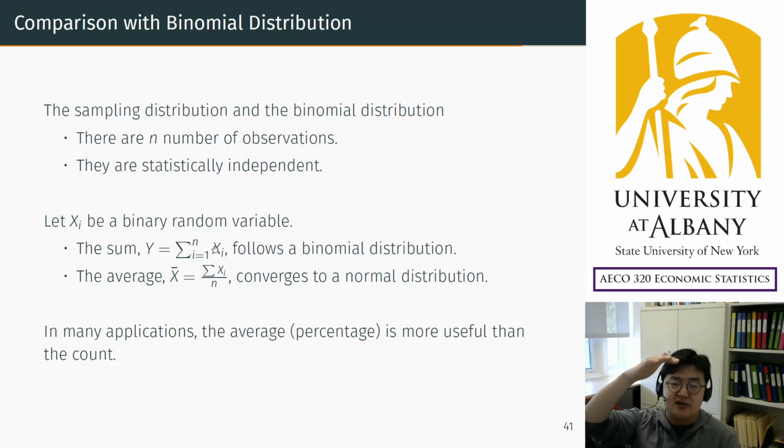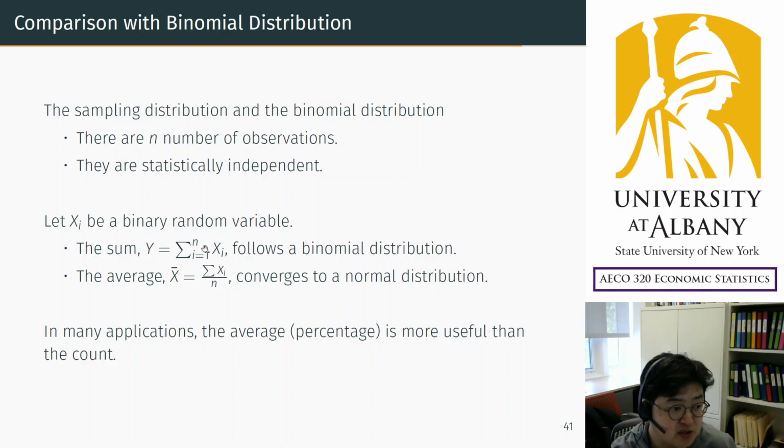If you take a quiz with 10 questions, and each question is a binary outcome, correct or wrong, then if you are correct you get 1 point, and if you're wrong, 0 points. So the sum of the points equals the number of correct questions. Mathematically, you can define the random variable obtained from the binomial distribution as the sum of observations.